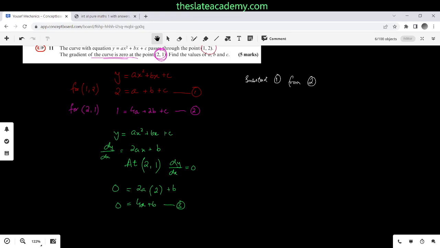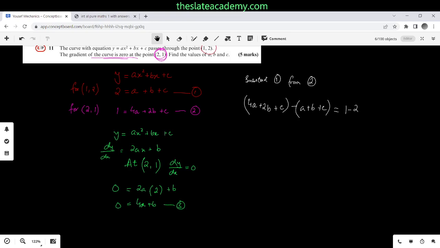So first I write equation number 2, which is 4a plus 2b plus c minus a plus b plus c. This is equal to 1 minus 2. Any confusion in this step?